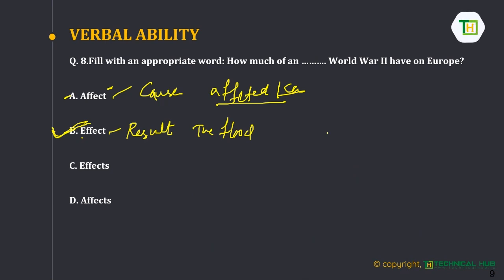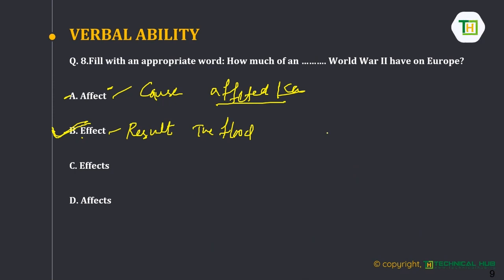What is the plural verb for come? The plural verb is "come" only, and the singular verb is "comes". This is the singular verb and this is the plural verb. So here: "Here come the two famous stars from that movie."